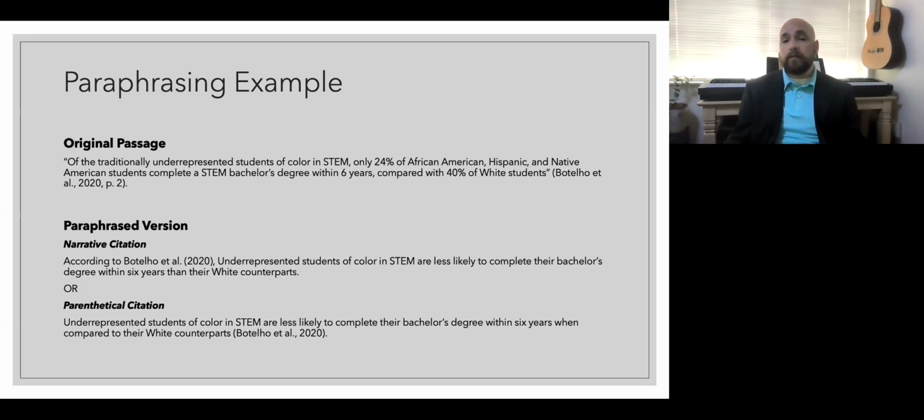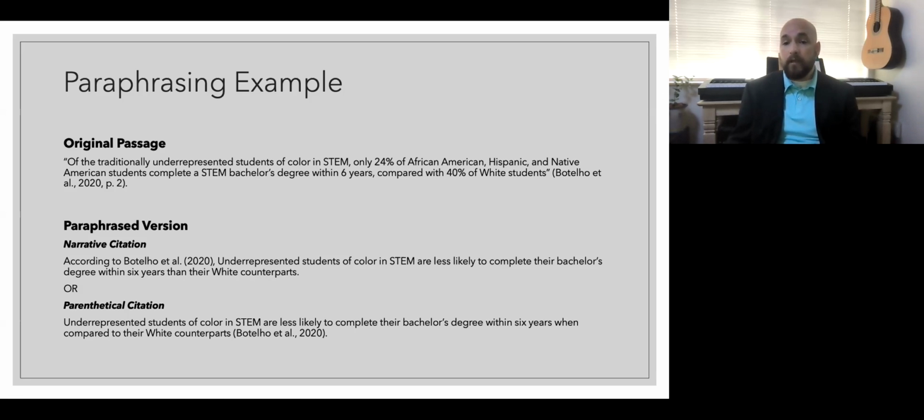So you can do a narrative in-text citation by writing something like is shown here on the paraphrase version below. According to Botello et al., 2020, underrepresented students of color in STEM are less likely to complete their bachelor's degree within 6 years than their white counterparts.